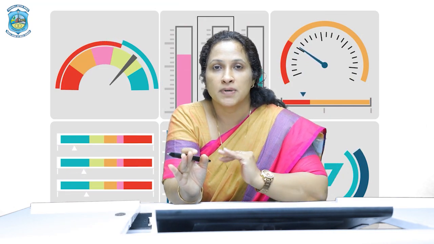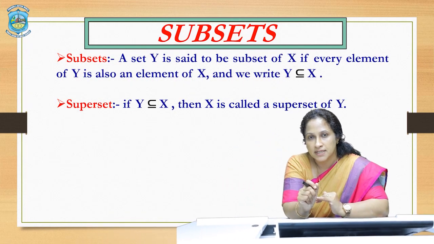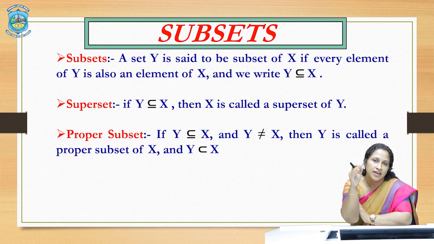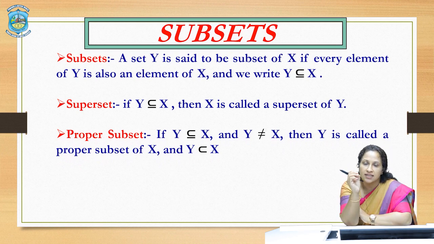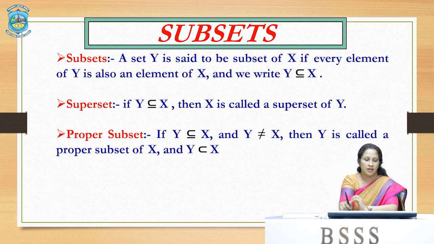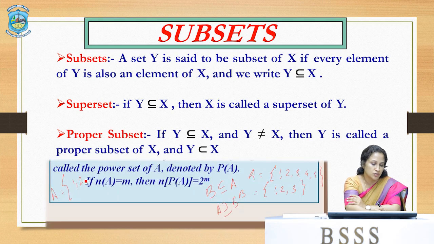Now, moving on from the concept of subset and superset, we move on to the concept of proper subset. Now, what is proper subset? Proper subset means the elements in the subset should be 1 or 2 less than the elements in the set. Let me draw your attention to an example. Suppose set A is equal to 1, 2, 3 and set B is equal to 1, 2, 3 and 4.